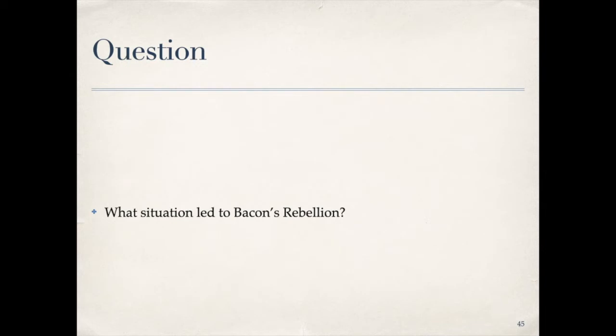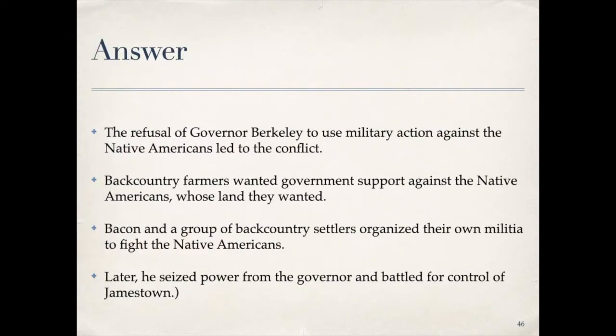Question: what situation led to Bacon's rebellion? The answer: the refusal of Governor Berkeley to use military action against the Native Americans led to the conflict.